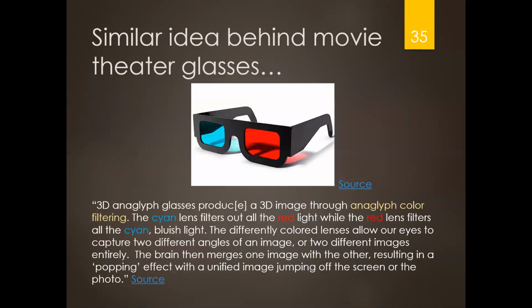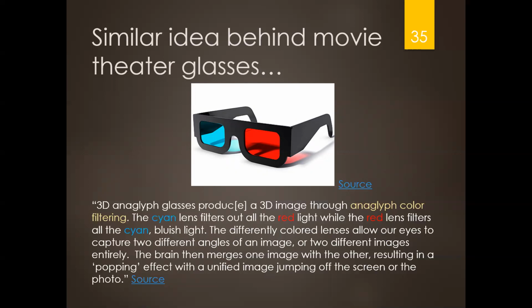And another example would be this. It's 3D glasses for 3D movies. If you have ever watched a 3D movie 10 years ago, say that, you would probably have seen this type of glasses before. We have two lenses with different colors.